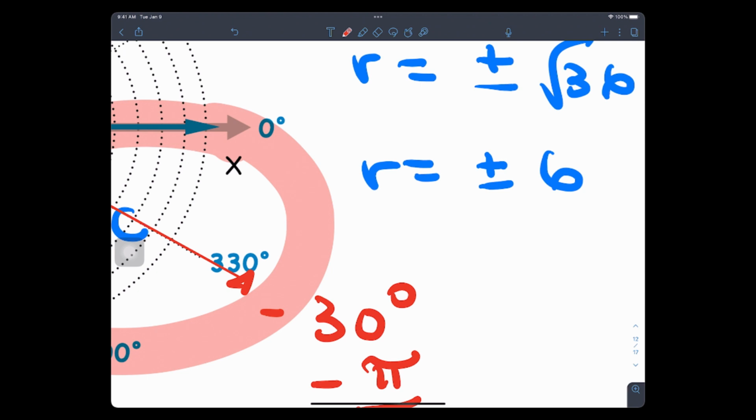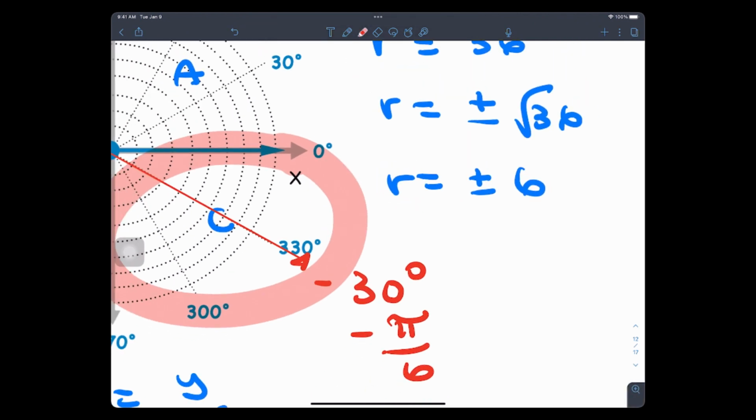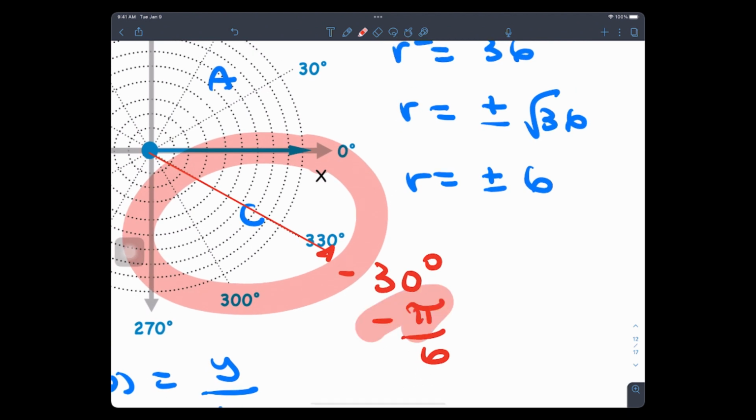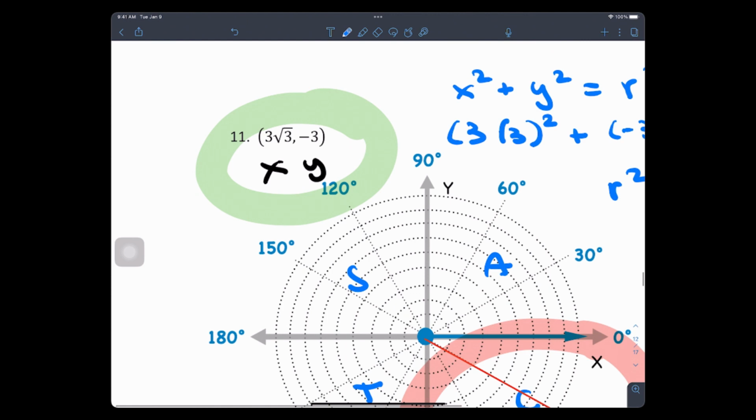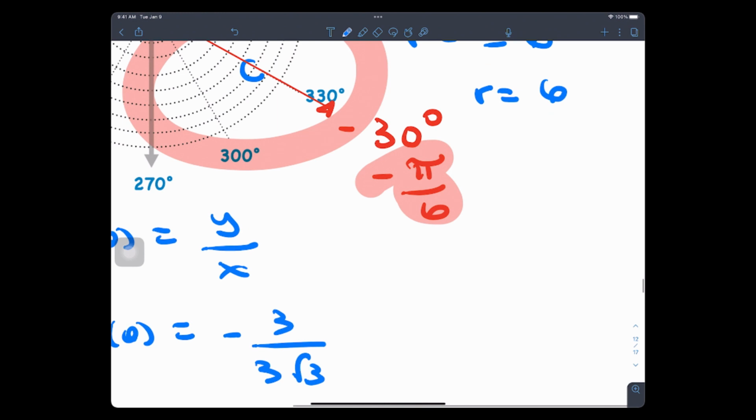That's the issue I want you guys to understand here. If you use a negative angle, what radius do you use? The positive radius or the negative radius? You have to use the positive radius. Is that true? Because a negative radius would make this opposite the pole, and your point is not opposite that pole. So 6, negative pi over 6.